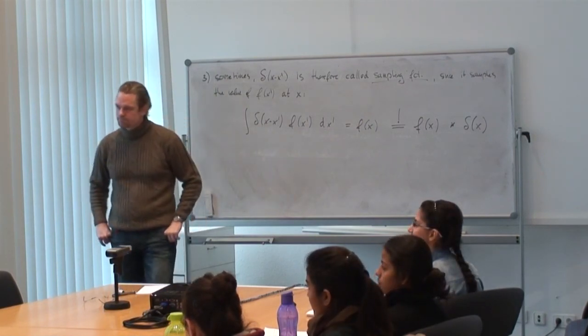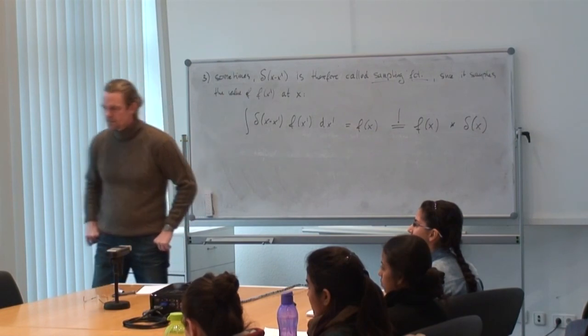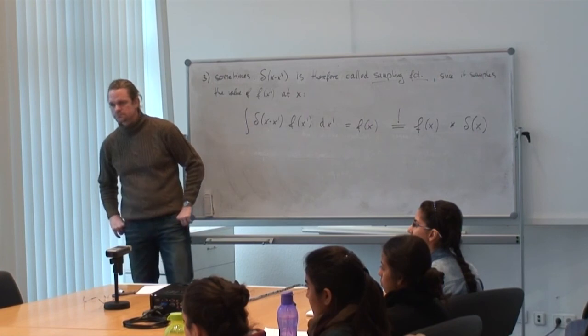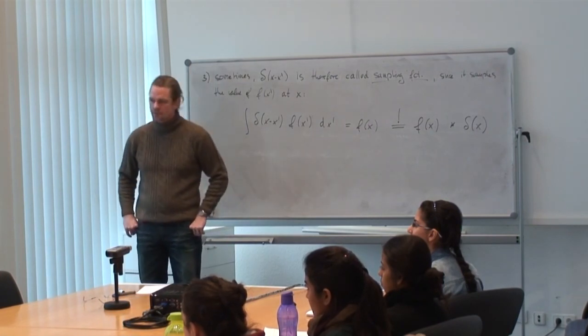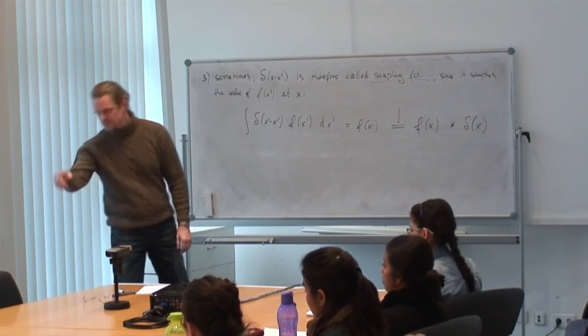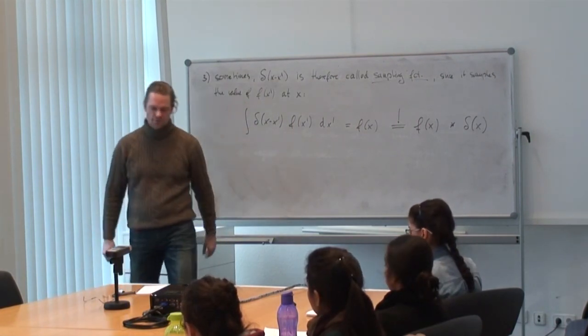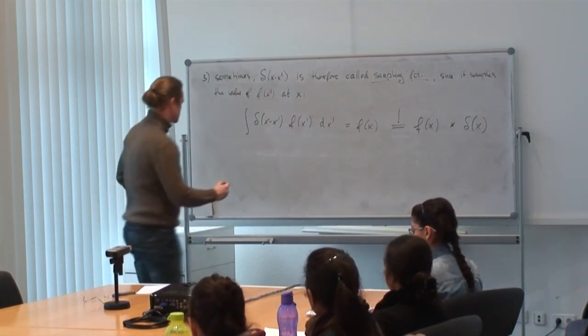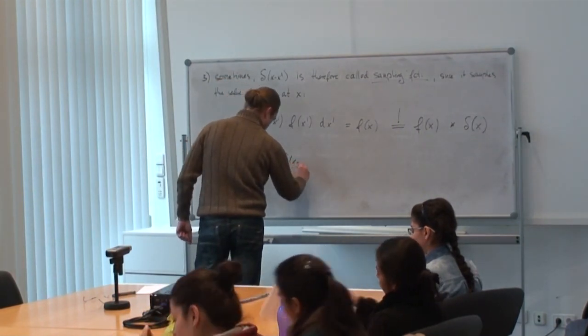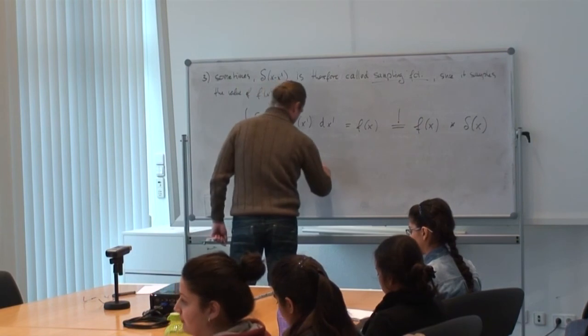For the definition of the Dirac delta function, for the condition, you write x should be between a and b, x or x prime. It was x actually. So for this thing here, we have some x minus x prime, dx prime.